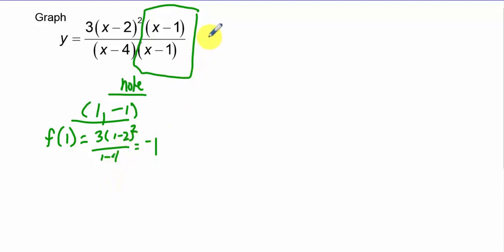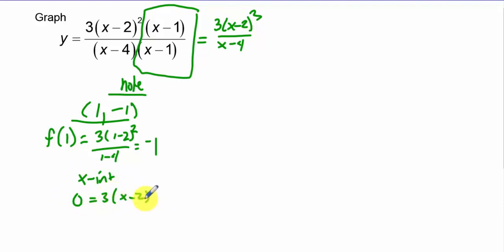Then I can take and use what's left in the function, which is the 3 times (x minus 2) squared over x minus 4, and find basically everything I need. I've got my x-intercept: 0 equals 3 times (x minus 2) quantity squared, so I have x equals 2.